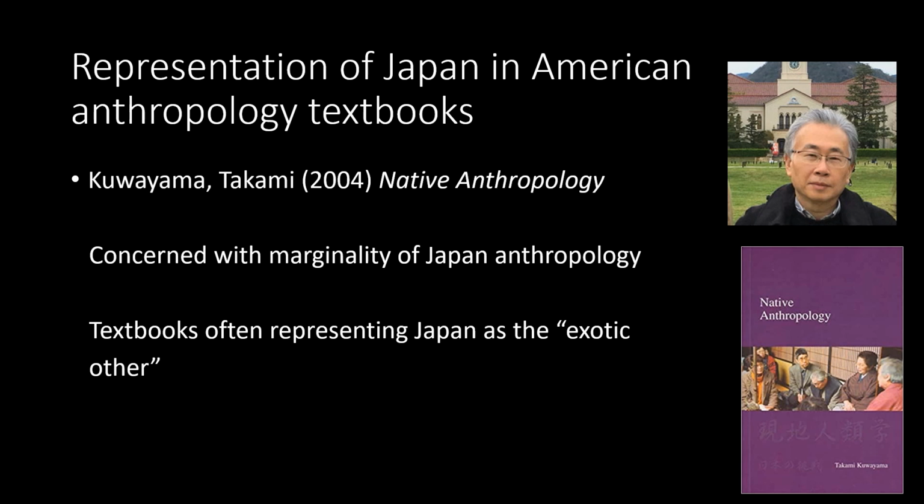The American Anthropological Association is, again, the biggest association of anthropologists in the world, and they have a big annual conference every year, in the United States or Canada, sometimes held outside of the US, in big hotels, and it goes over 4 to 5 days. It's huge, but apparently the Japan anthropology panels tend not to be on the core days, which would be perhaps day 2, 3, 4, rather than the first day or the last day.